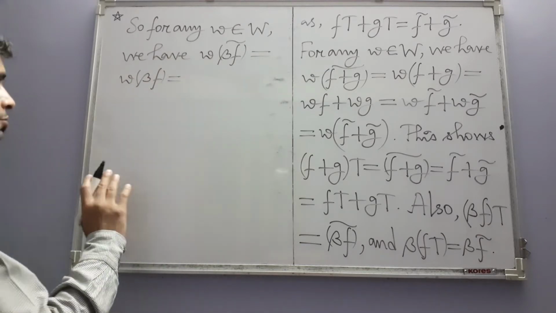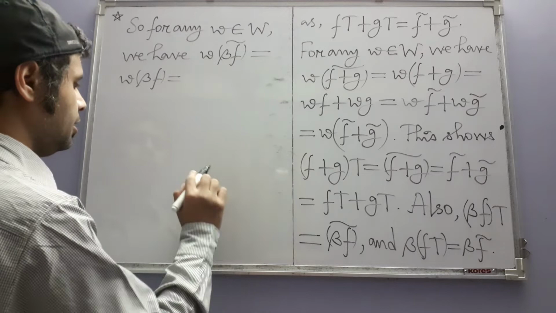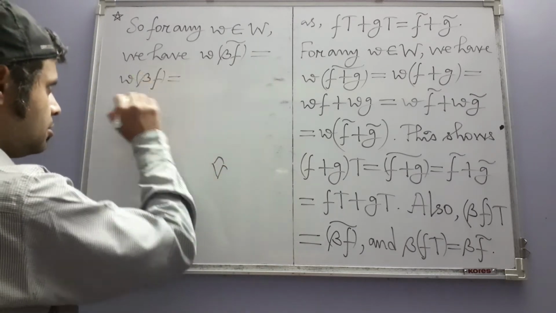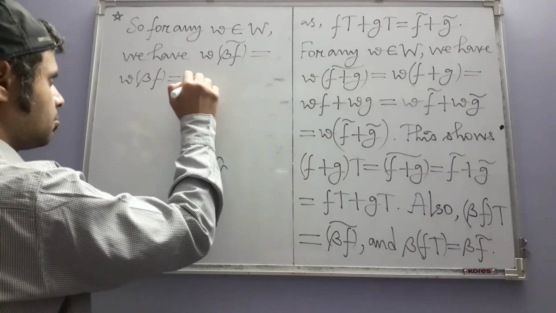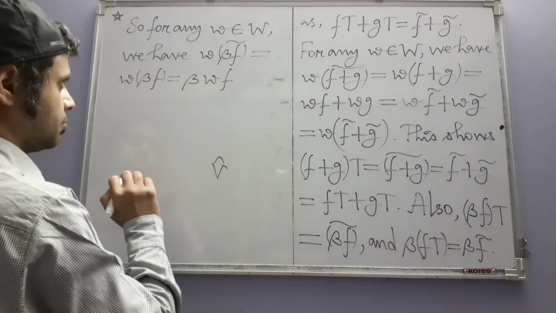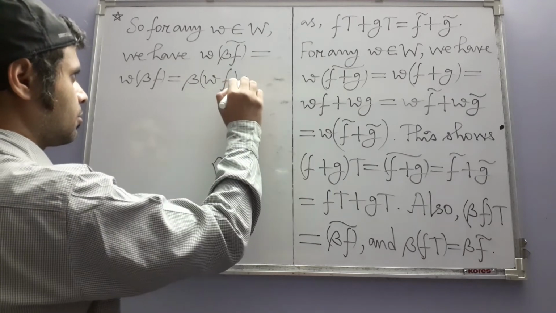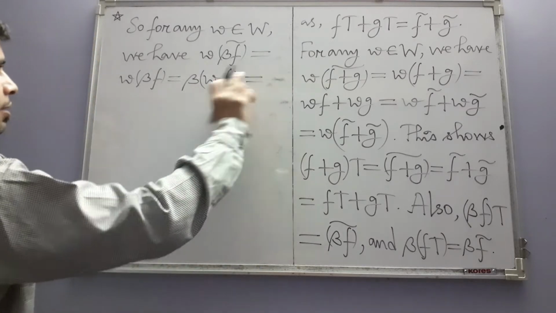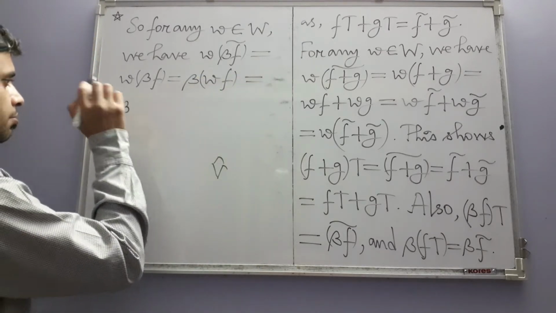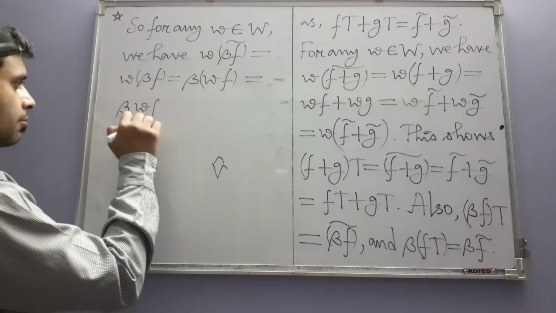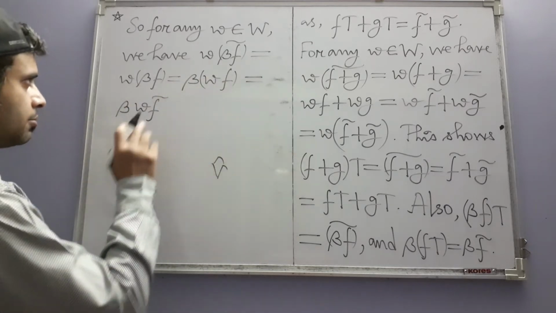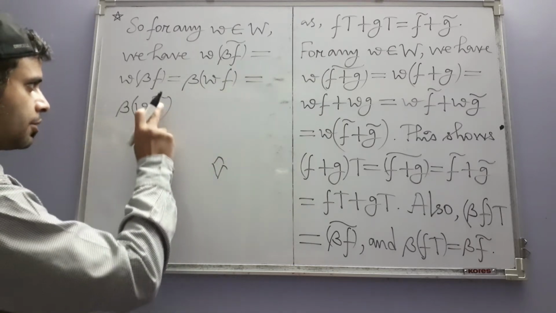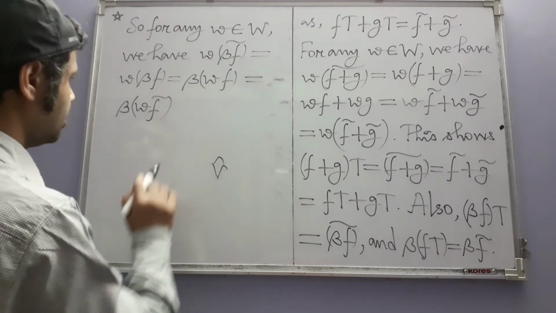Now by the definition of scalar multiplication in this space V hat, this means β times wf. And this again of course means β times wf~, because w is just coming from capital W. So wf is the meaning of wf~, because that's how this restriction f~ has been defined.